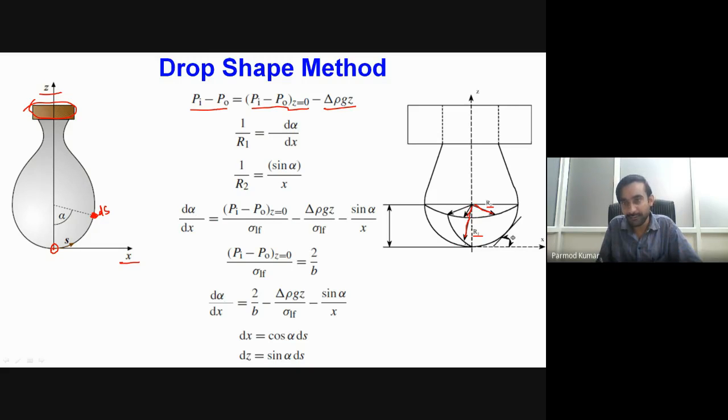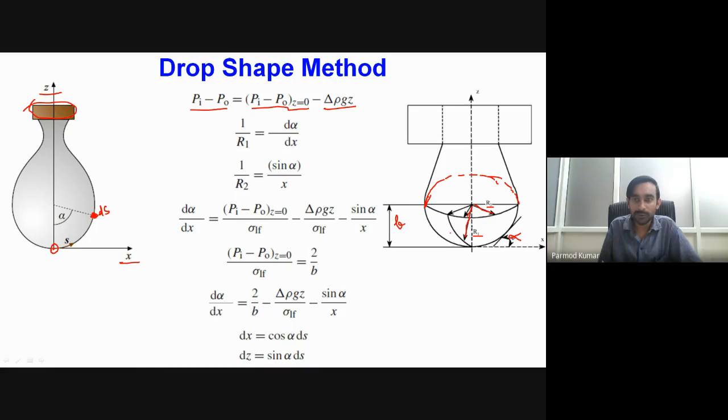Now, if we fit a circle at the apex, we get a profile like this, the circle fitted at the apex, and we consider that the radius of this circle is equal to b. Then this curvature makes some angle, which is not phi actually; if you refer to our previous figure, it tends to alpha only.